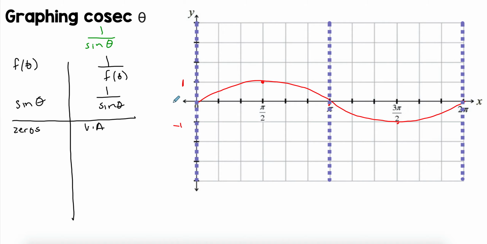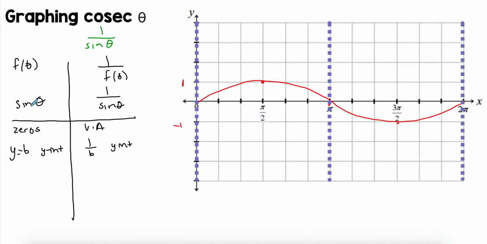Now if you have a negative domain here, you'll continue the same thing. Wherever sine theta is 0, you're going to write a vertical asymptote. So the zeros become the vertical asymptotes, and then if you have y equals b as your y-intercept, then this is going to be your y-intercept.